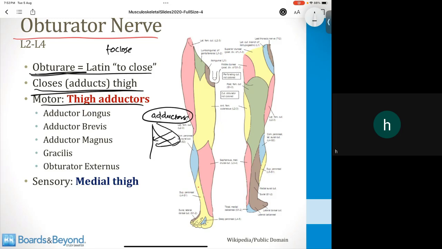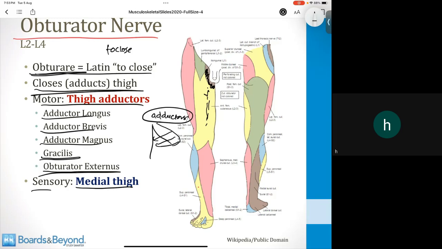That's adduction, right? And which muscles are they? They're really simple: adductor longus, the big one, adductor brevis, the small one, adductor magnus, the really big one, the gracilis, and obturator externus. We are going to discuss each and every muscle when we move to our next slides. A small portion of the medial thigh sensory supply is also from your obturator nerve, and most adductors are present at the medial thigh.